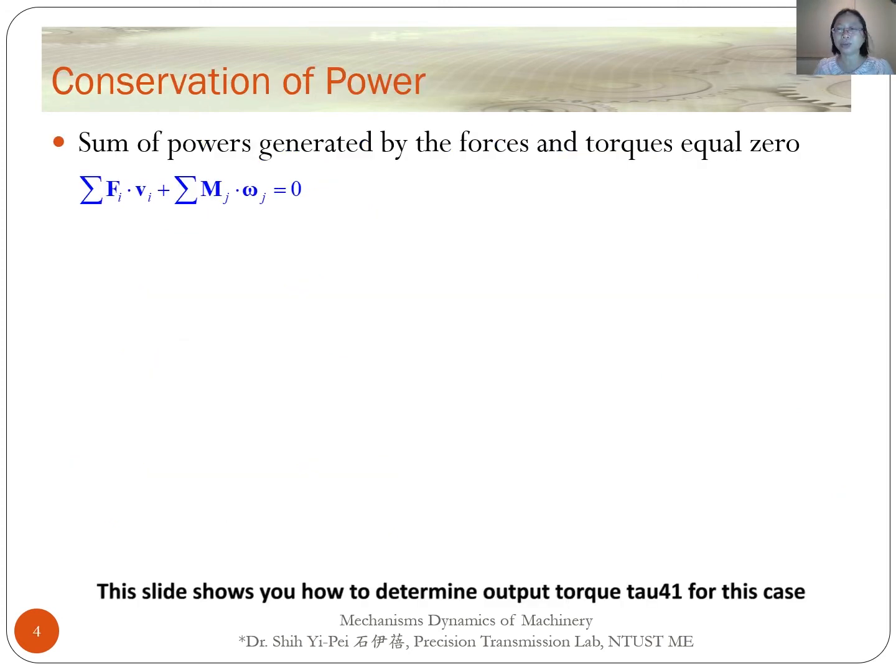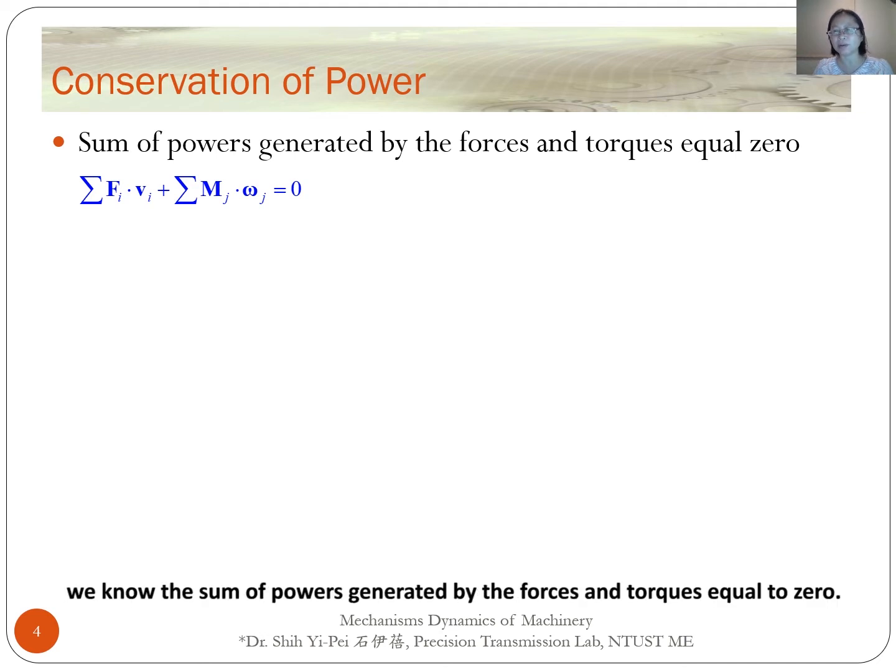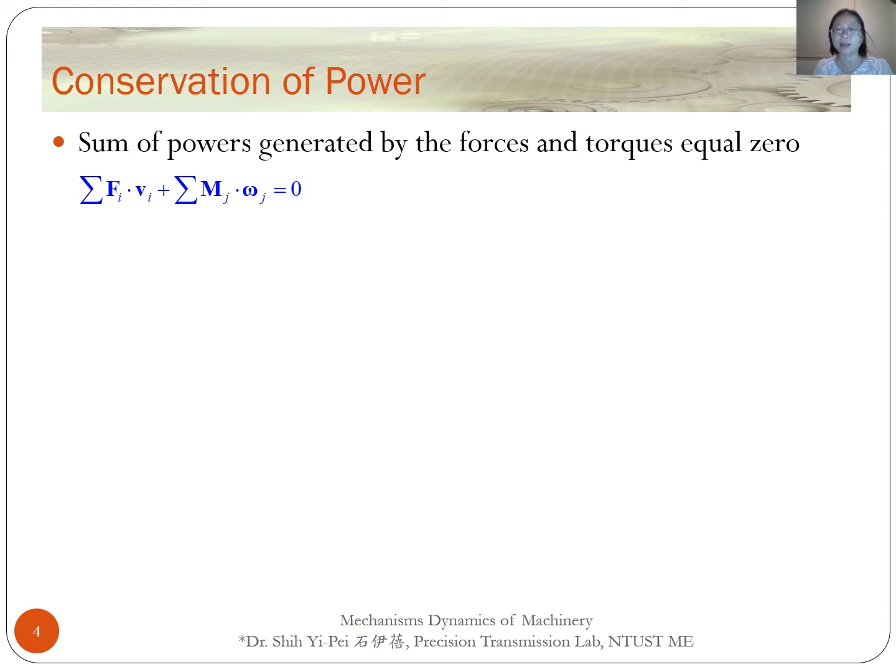This slide shows you how to determine output torque tau41 for this case using the conservation of power. For conservation of power, we know the sum of powers generated by the forces and the torques equals 0. In dynamic force analysis, additionally, the dynamic effects need to be considered.